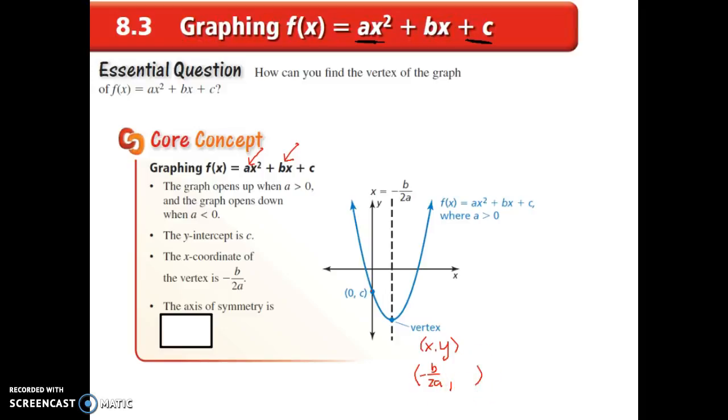But our axis of symmetry, we've talked about, is the equation where x equals whatever that x value is. But the x value is negative b over 2a. So our axis of symmetry is the equation where x equals negative b over 2 times a. That's going to give us that vertical line that splits your parabola right down the middle.